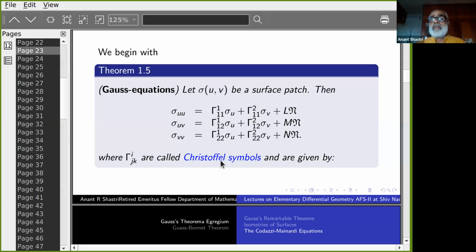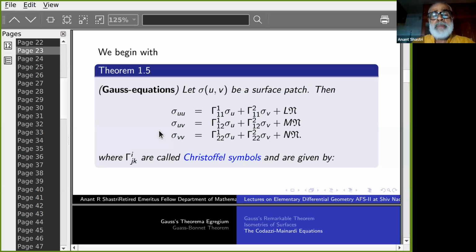So they are called Christoffel symbols. They have lots of symmetrical properties and so on. None of them I am going to use in this course. These are details which have to be studied by people who want to study Riemannian geometry finally.